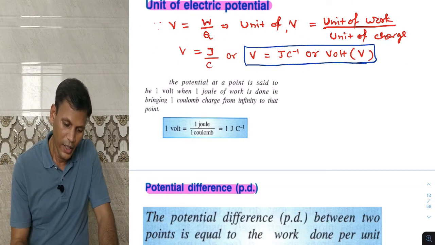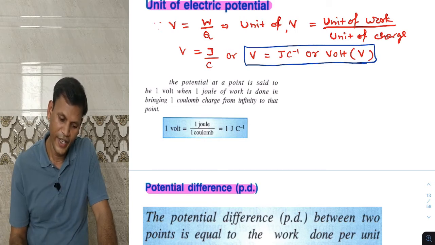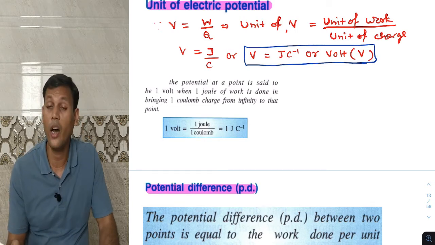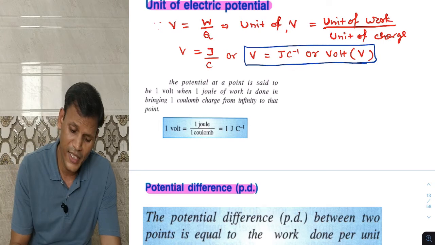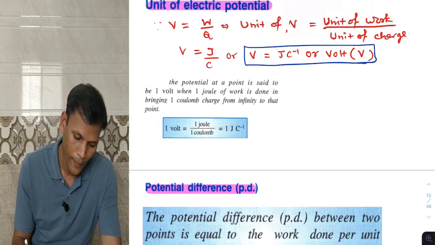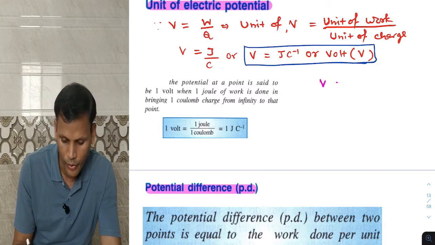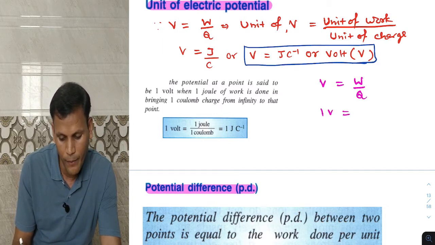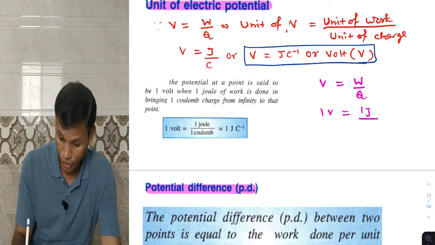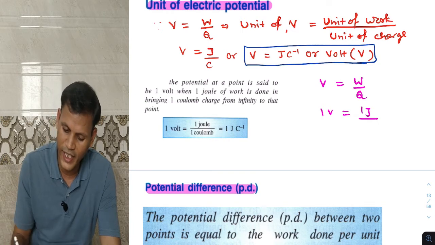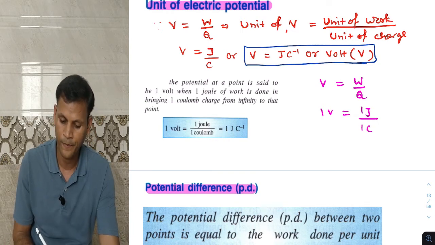Now, how can we define 1 volt? As I have mentioned, V is W by Q. Now 1 volt will be, the unit of work done is 1 joule, upon 1 coulomb.